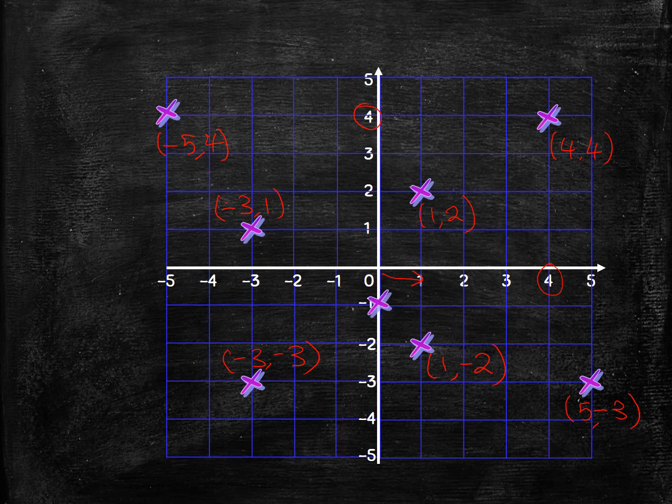And this one, the lucky last, we haven't moved across at all, so we haven't moved on the horizontal, so it's 0, but we have moved on the vertical axis down to -1, so the second number is -1. If we had this number here, that means our horizontal is 5, but we haven't moved on our vertical, so it's 0. Okay, so that makes the point (5, 0). And that's how you do coordinates.